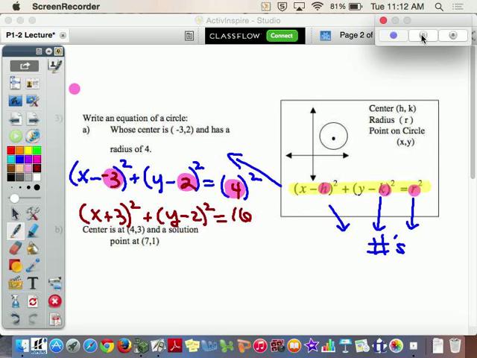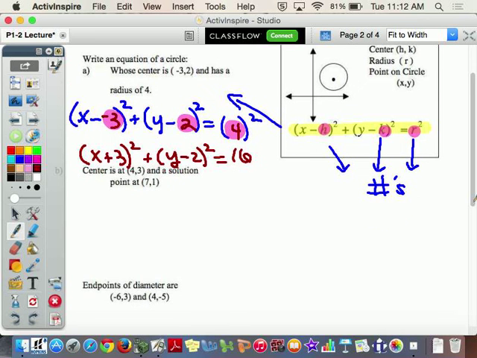So in the second part here, since they give me the center but not a radius, I can write down, if I want to, parentheses x minus 4 squared plus parentheses y minus 3 squared. But I have to write down r squared for right now because I don't have the radius.